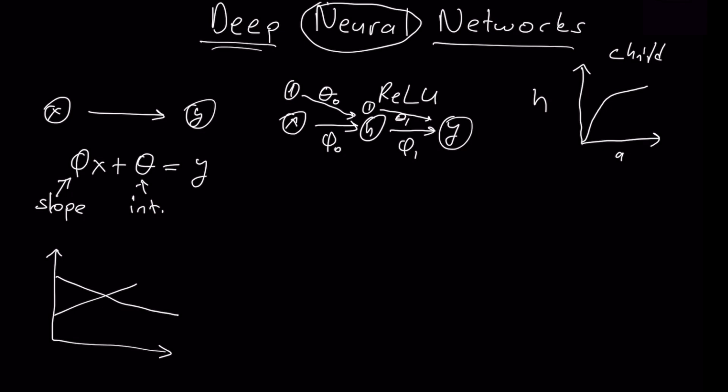So if we add these up, what will happen in the activation function, I'll represent like this, phi 0 times the input plus our theta 0. Okay, and then this will be passed to our activation function, and then we will multiply this with phi 1, and we will add our theta 1, which is our bias, and then that will be representing the output.